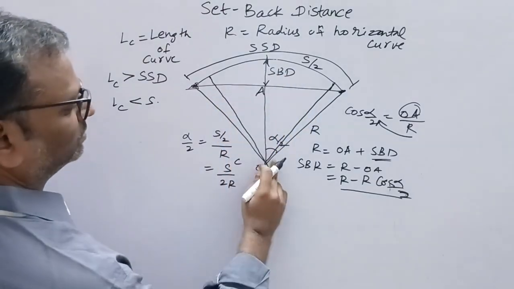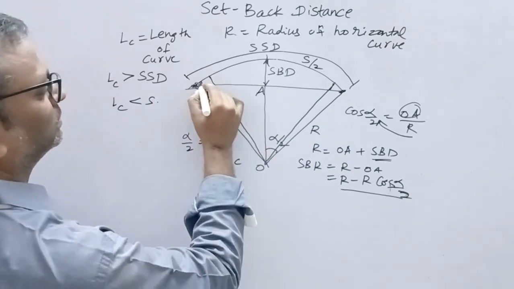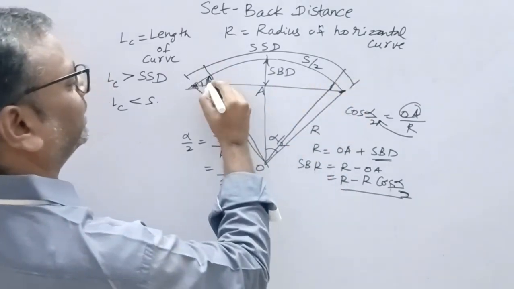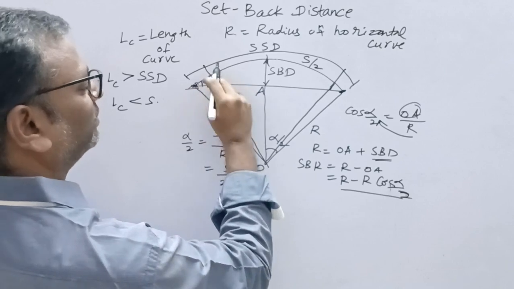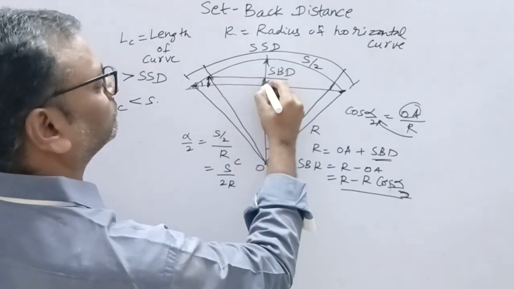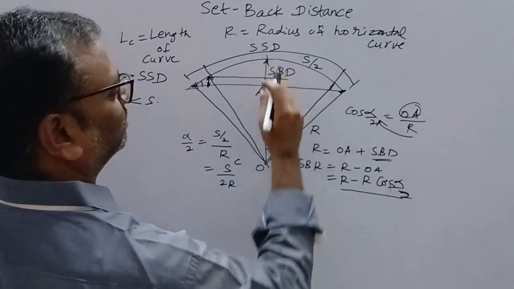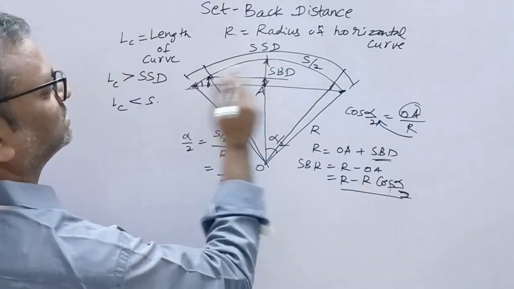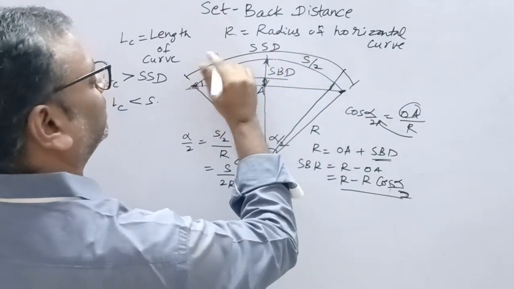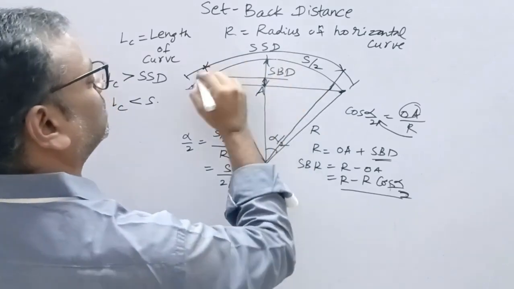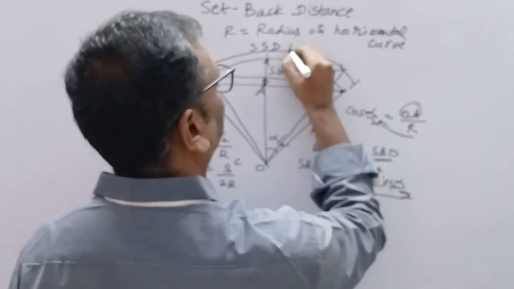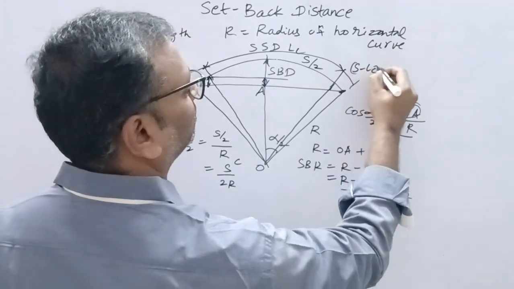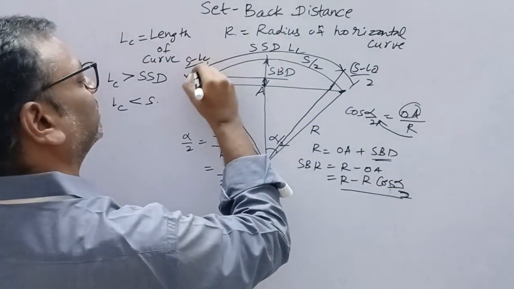Then this is also alpha by 2, and this distance will be added. That can also be derived but is not needed. You can take it directly as S minus Lc by 2. From here to here is the stopping sight distance, and this is the length of curve, so S minus Lc by 2 here and S minus Lc by 2 here.